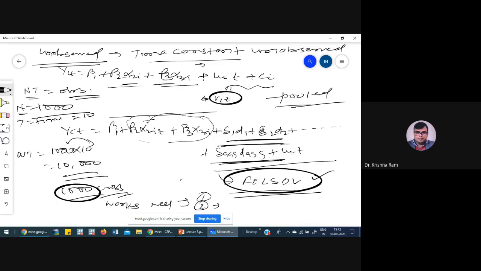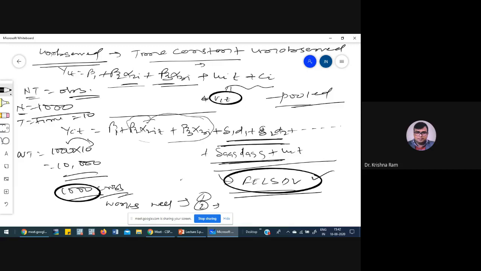So the cross-sectional unit in our case is an individual person, or individual firm, or individual country. Each individual has some special characteristics, each country has special characteristics, each firm has special characteristics.